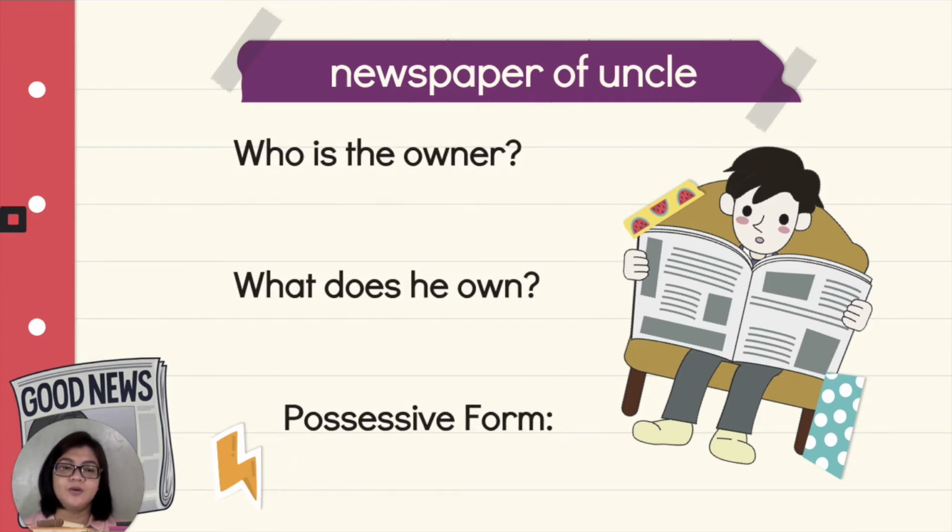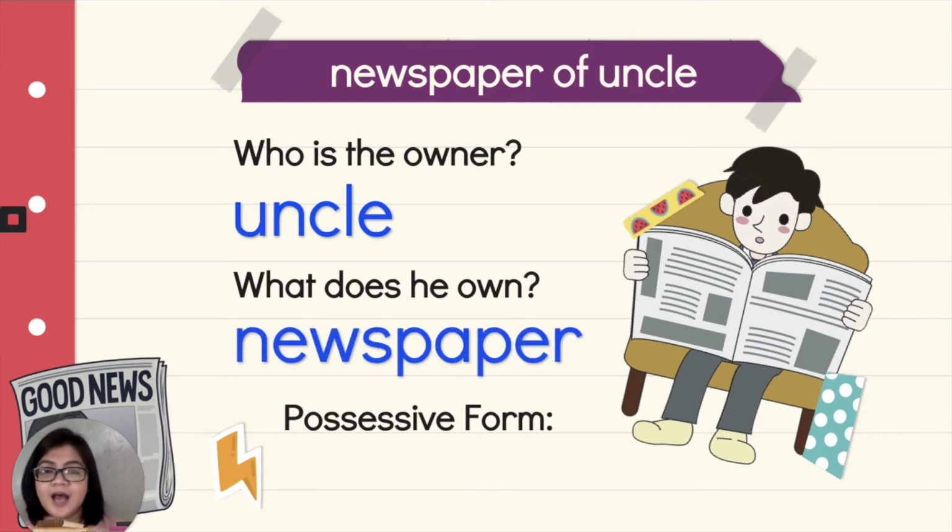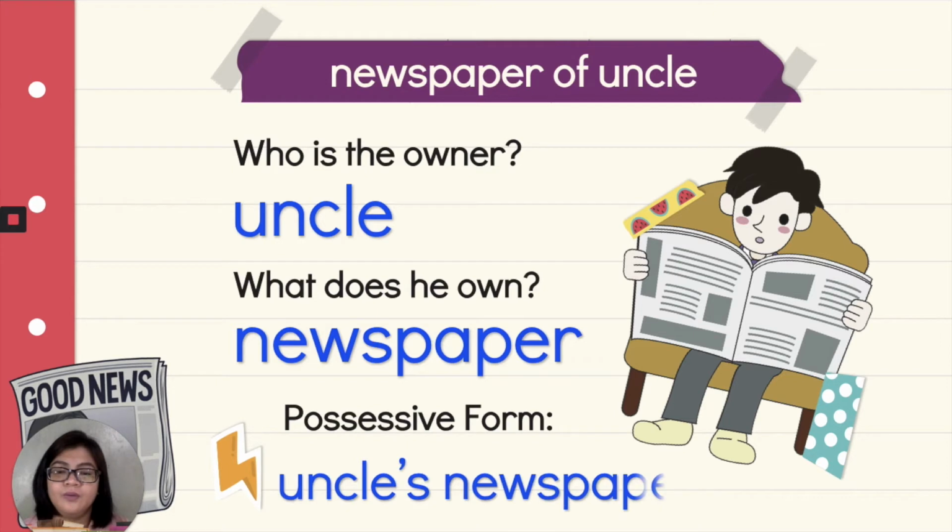Who is the owner of the newspaper? Of course, it's Uncle. What does he own? He owns a newspaper. And if you're going to write newspaper of Uncle in possessive form, we can write it as Uncle's newspaper. Okay? Is everything clear?